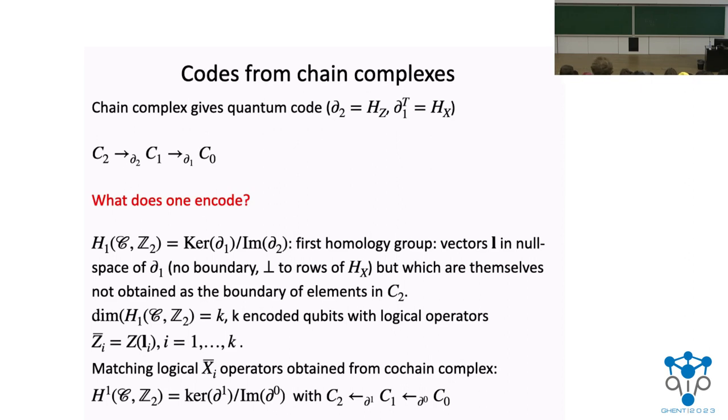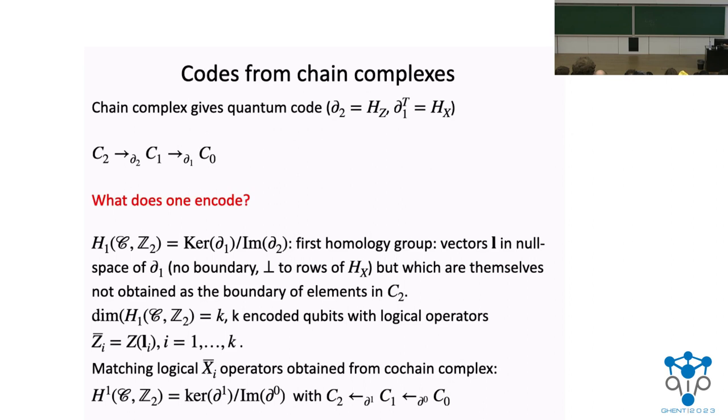That's to say, everything that is in the kernel of del 1 is also in the image of del 2, because there are no loops that are not the boundary of some surface, right? Whereas if I do this for the torus, I can have loops around the torus which are not the boundary of a surface, right? And so those loops that are not the boundary of a surface are in this homology group.